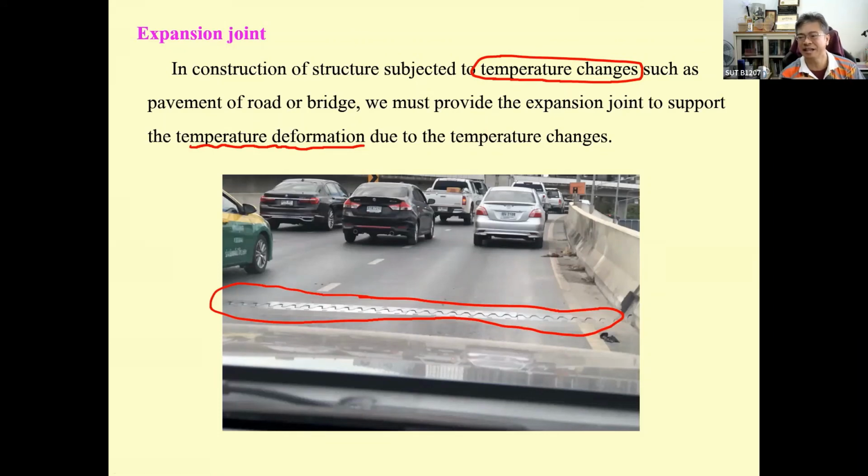Think about the machine, in the truck, in the car, when the engine has combustion, there are forces while you drive the car, and when you park the car overnight, everything cools down, so the material gets shortened. So as the engineer, you have to design this kind of car to take care of temperature changes.